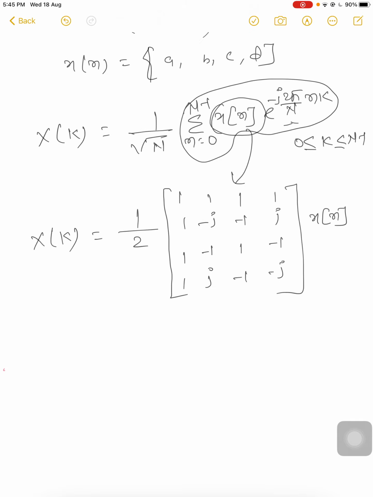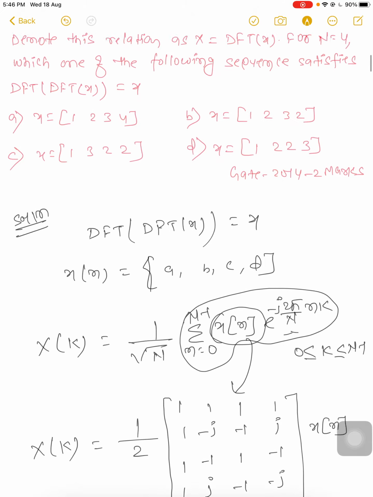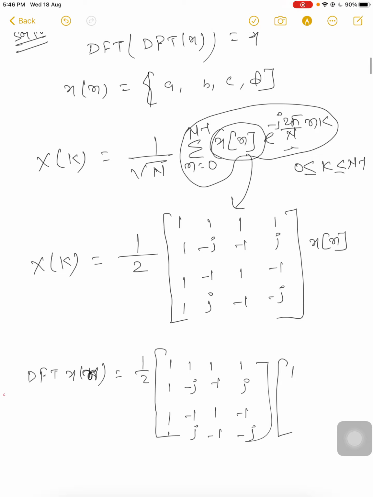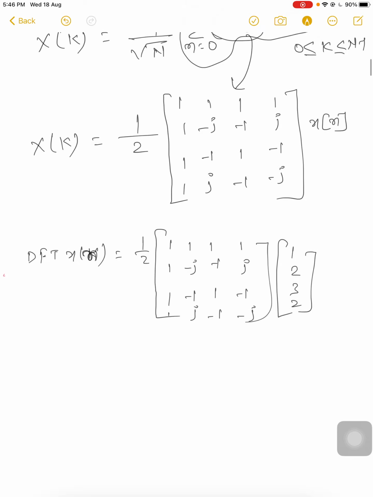After you check, the DFT of x[n] will be 1/2 times the matrix 1 1 1 1, 1 -j -1 j, 1 -1 1 -1, 1 j -1 -j, times 1 2 3 2.